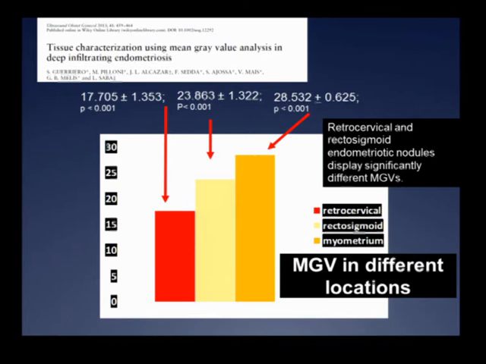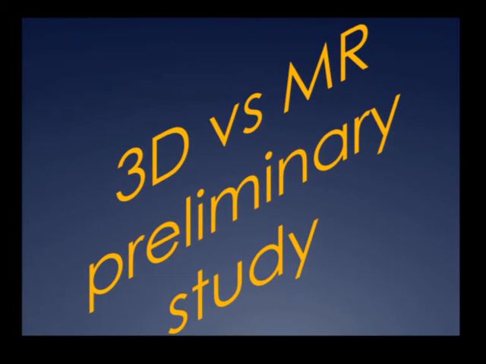The rectosigmoid nodules, due to the presence of reaction of the muscularis, are more consistent. The mean gray value is higher in comparison with retrocervical nodules. Also the reproducibility is good.